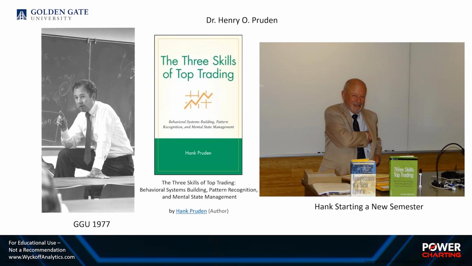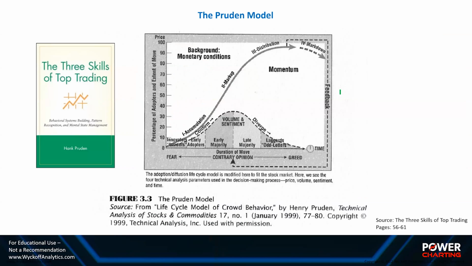And I would like to be able to, with Hank's help, and you'll see why in a minute, here's the Pruden model. And it's absolutely a brilliant model. What you're going to discover is that there are really 4 elements at work here that we talk about repeatedly. If you've been following Power Charting, you'll see that I encompass these different principles of market analysis in my Power Charting episodes.